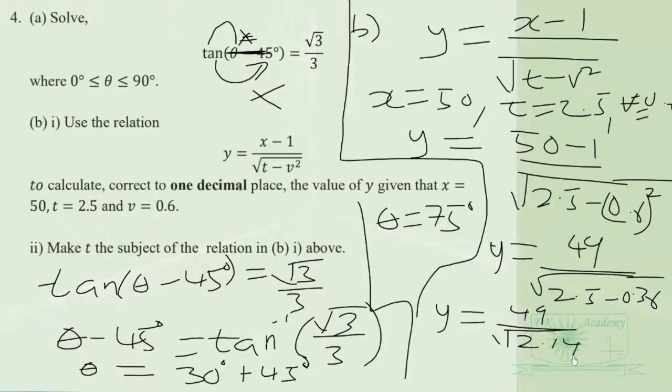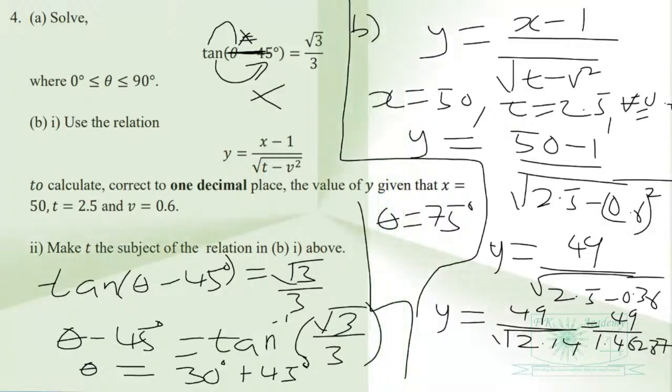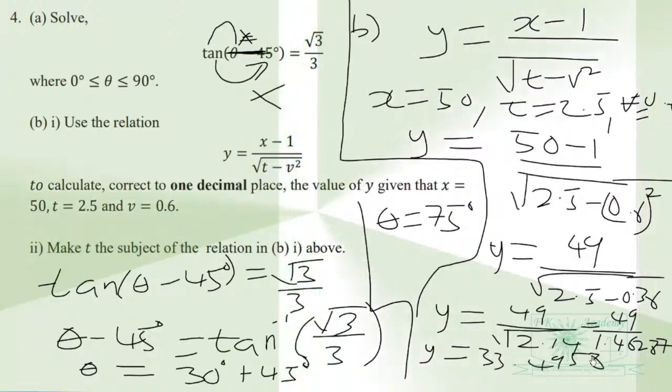And this is going to give us 49 over 1.46287. So this will simplify to 33.4958, and to one decimal place you get 33.5.